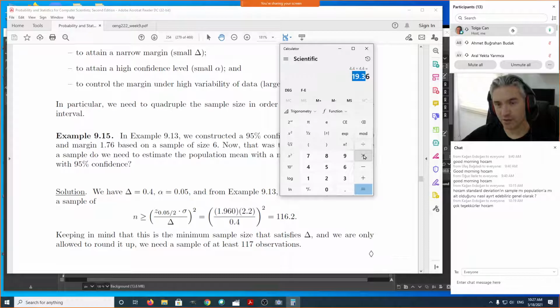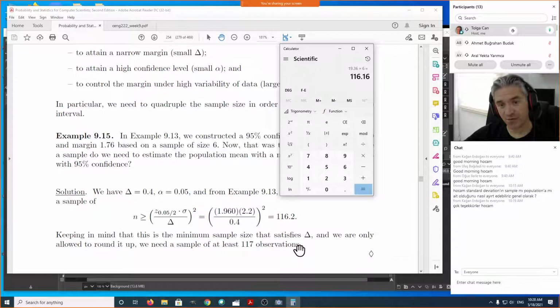Our original sample size was 6. Multiply that by 6, and we get the exact same thing, 116.2. Since this is not an integer, we round it. It has to be larger than 116, so we should have a sample size of at least 117.